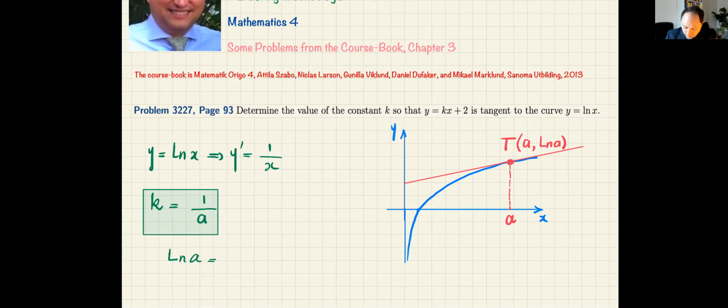Instead of k, I put 1 over a. Instead of x, I put a again. So you see the x coordinate is a. I put the x coordinate here. And instead of k, I put k here. And instead of this y, I put this one. I'm just writing that. So this becomes times a plus 2.